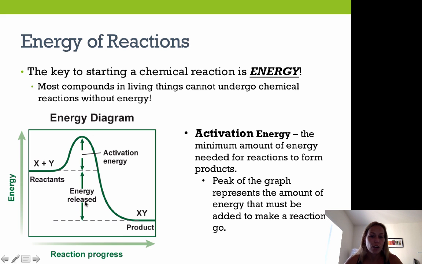So we're looking at this energy diagram. This is the reaction's progress going from left to right, and energy going from bottom to top. We have our reactants here, and the peak of this is showing the activation energy, the amount of energy needed to get these reactants to go all the way over to the products.